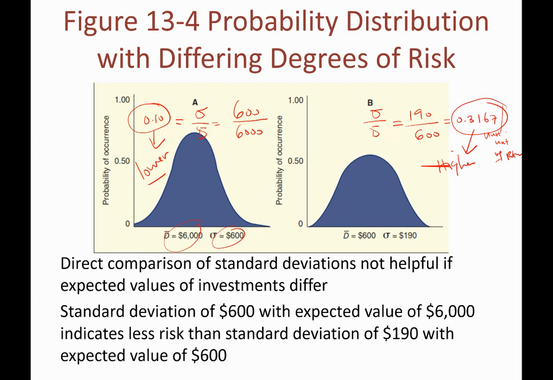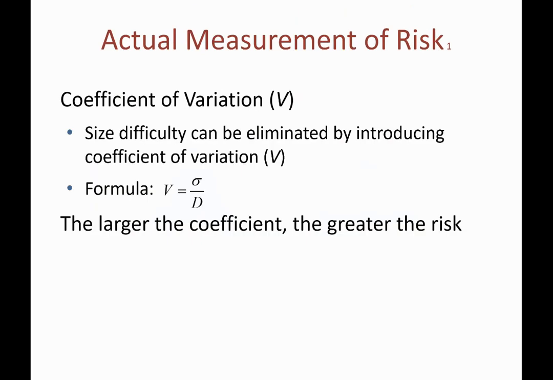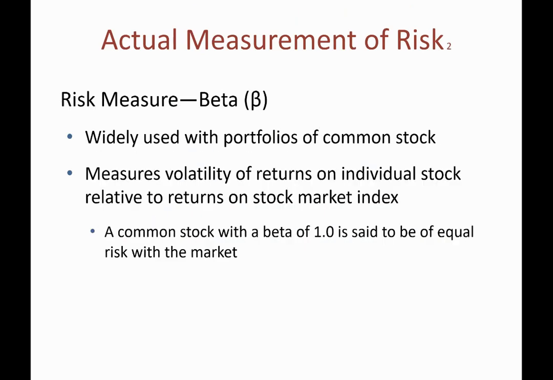In that regard, the best option is to use the coefficient of variation just to understand which one has a higher risk and which one has a lower risk.